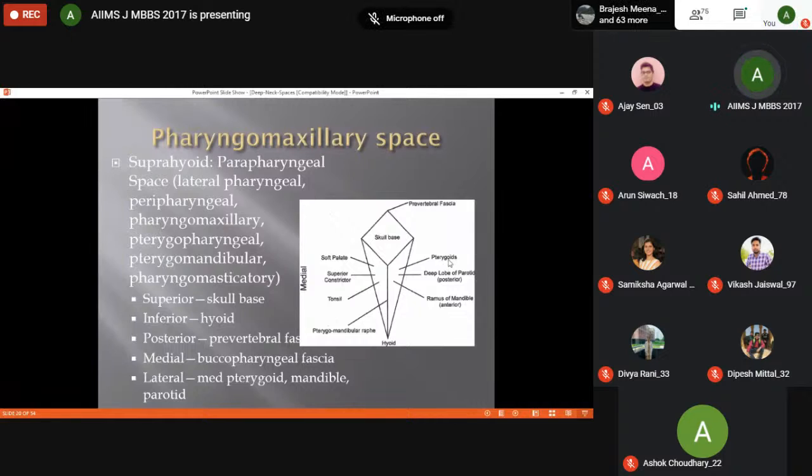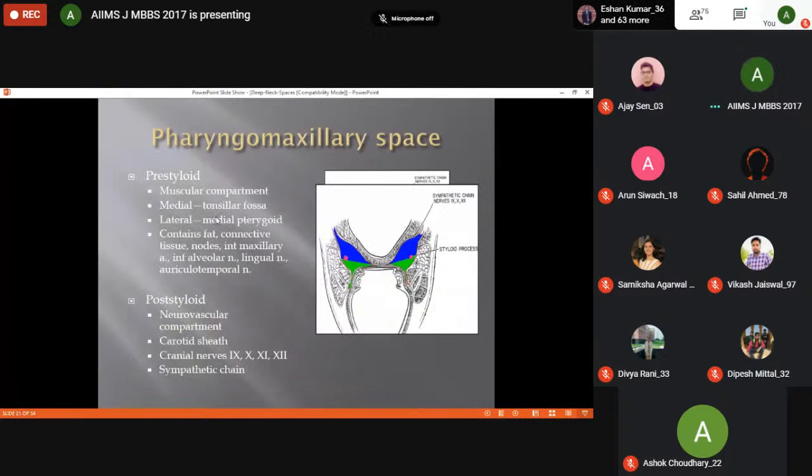So the mandible, parotid and pterygoids form the lateral part, and the medial part is formed by the soft palate, superior constrictor and tonsil, from the skull base up to the hyoid bone, and posteriorly by the prevertebral fascia. This is a potential space which can get infected. You might find it difficult to understand.